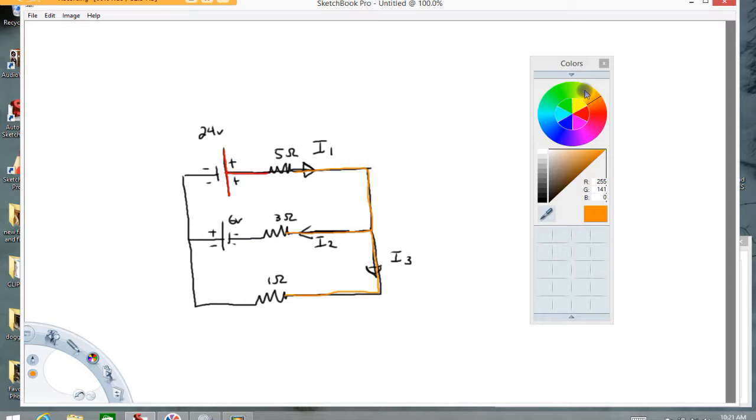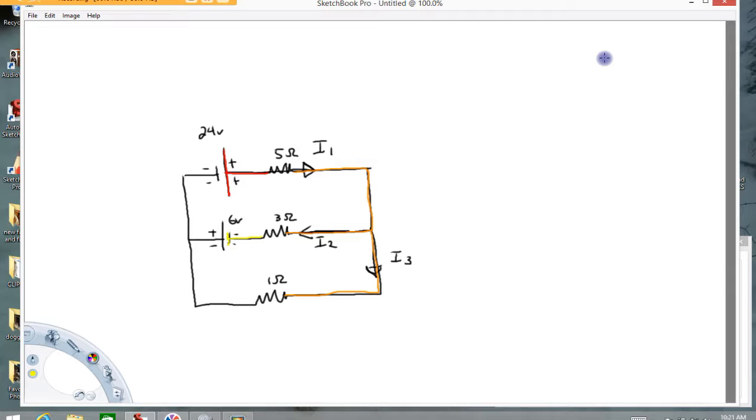I'll draw that one maybe yellow. This is all going to be one potential. When we go across this 6 volts, we're going to increase in potential. Now this is all one potential because this is conducting material up to this point. So I'm just going to leave that black. I've got my color codes on my picture here, and anytime we change color, we're going to change in potential.